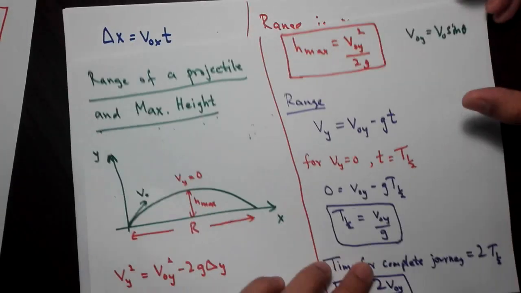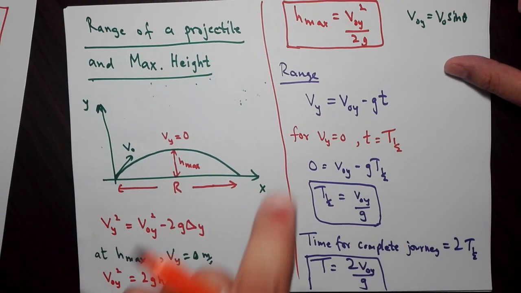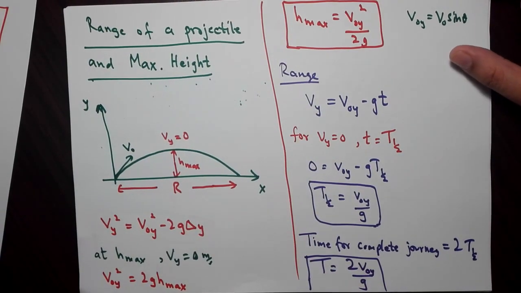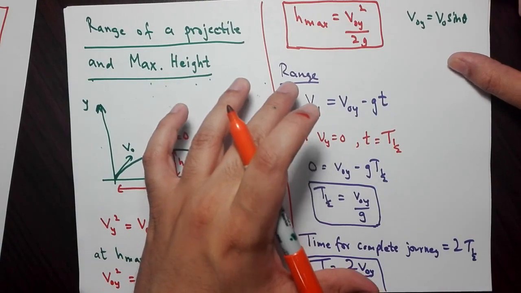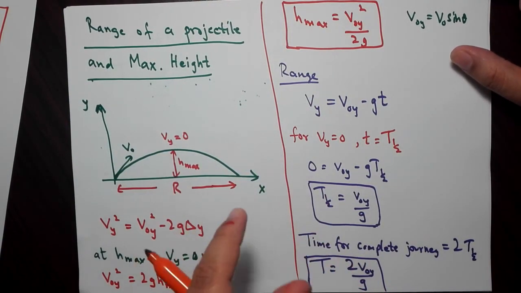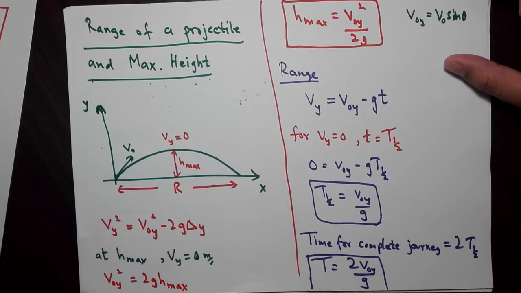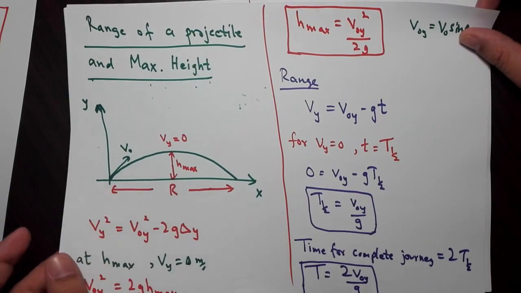Students get worried that these are derivations. This is a question that I always get: do we have to remember this? Well, you need to know this concept because this is not actually a derivation. This is something you will use when you solve problems, right?